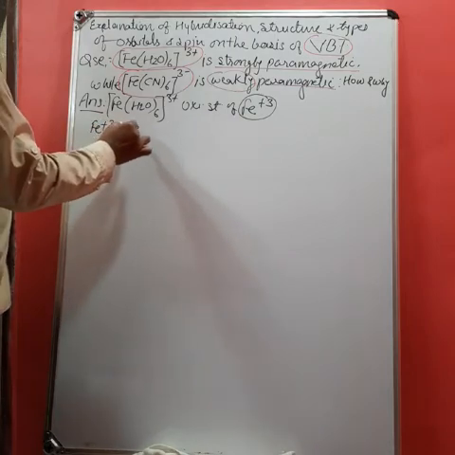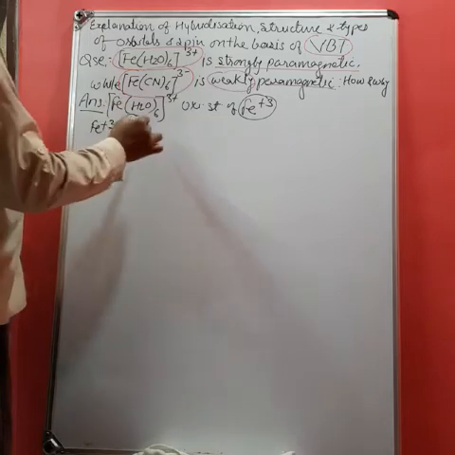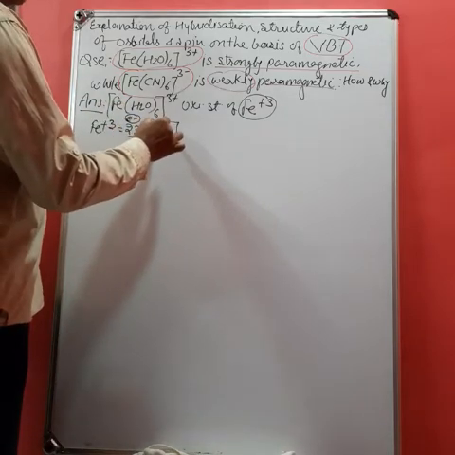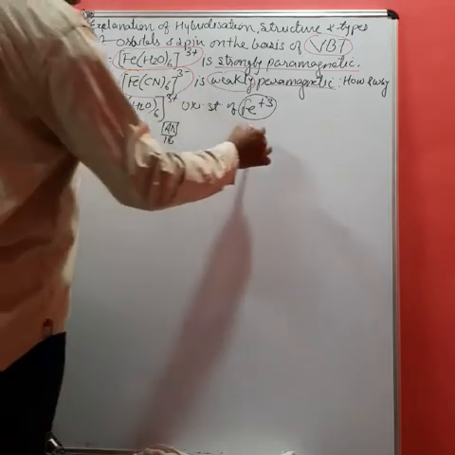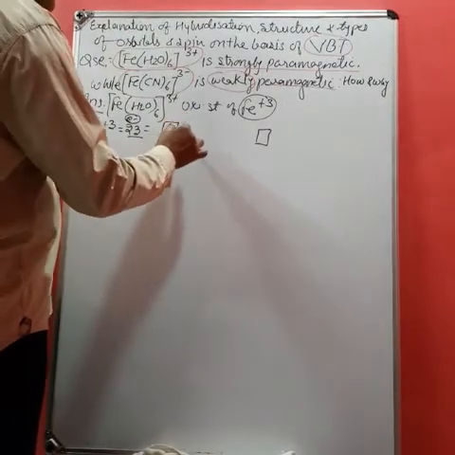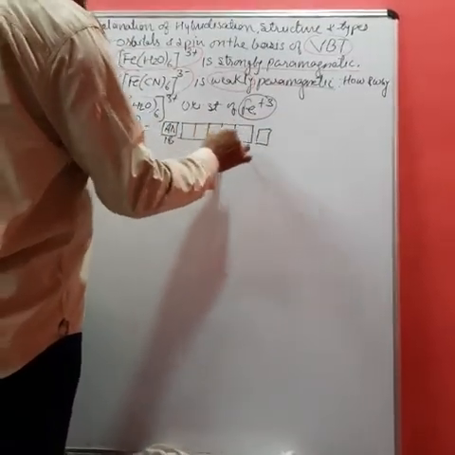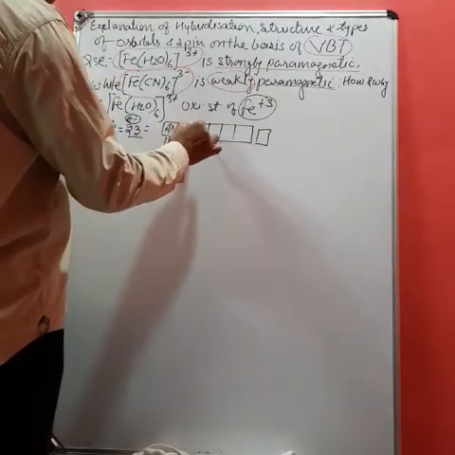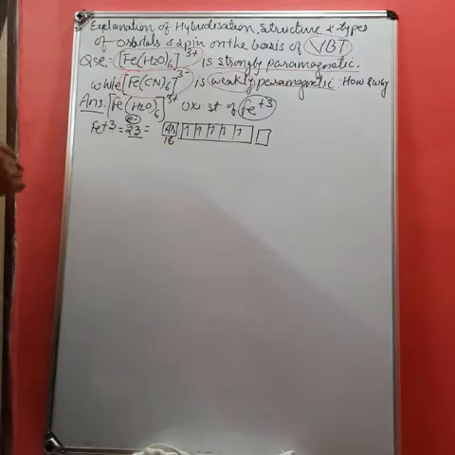Now the electrons will be only 23. This is the number of electrons, only 23. So we can write here argon, that is 18. Now in the s subshell there will be no electron. Yes, 4s, no electron, while in d there will be 18 plus 5, directly 5 electrons. So this is the configuration of the iron(III) cation.